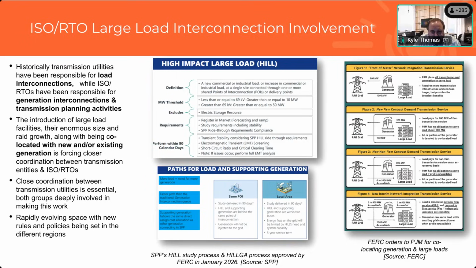So you're seeing a rapidly evolving space on these large loads at the ISO RTO level, with new policies being made, new structures being made to account for these types of facilities and their ever-changing arrangement with and without generation, and also even with and without firm transmission service versus flexible transmission service, or interruptible, if you will. So that flexibility term starts to introduce a whole lot of questions. And so this is a rapidly evolving space.